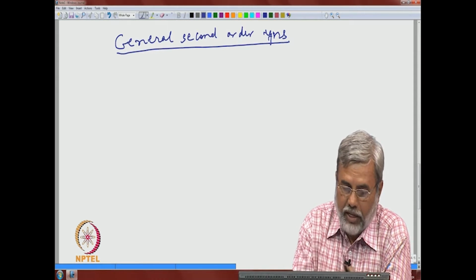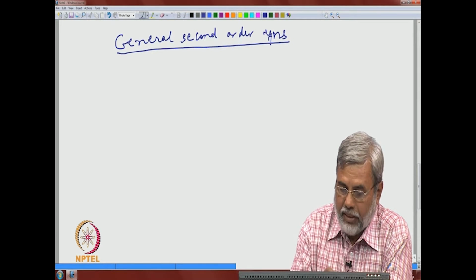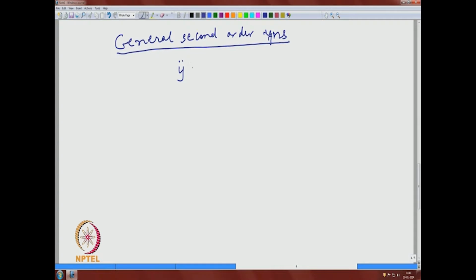So, let me consider the general second order, non-linear equation: y double dot equal to f of t, y, y dot.